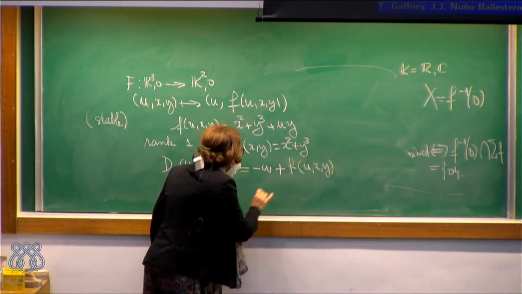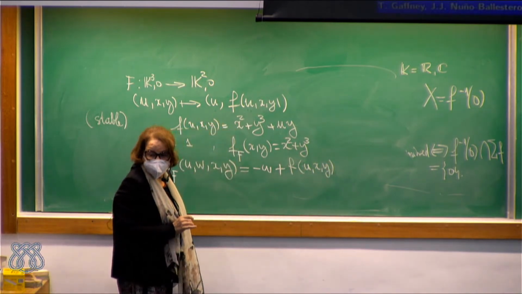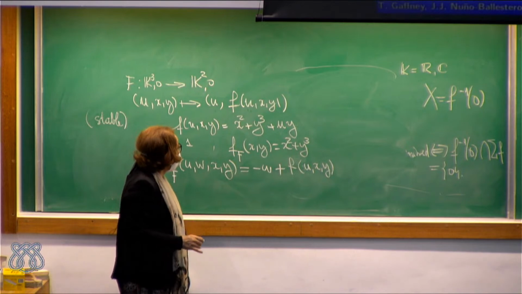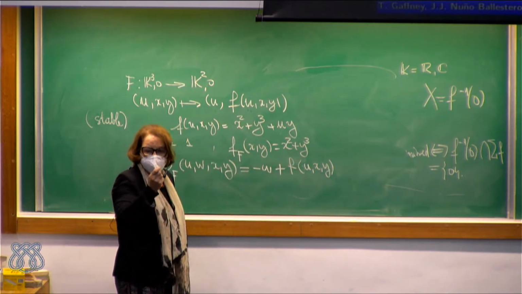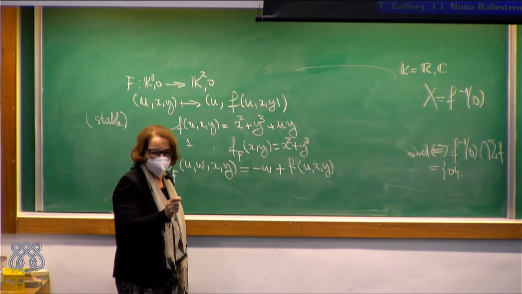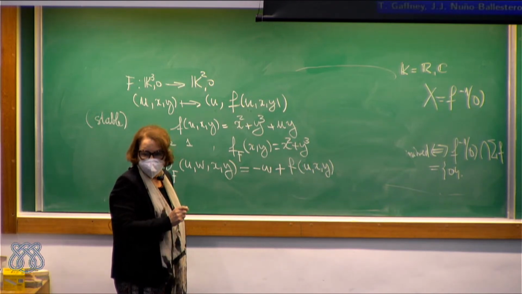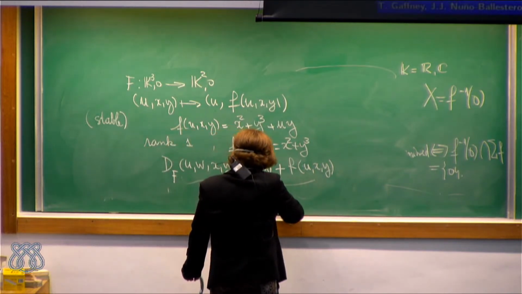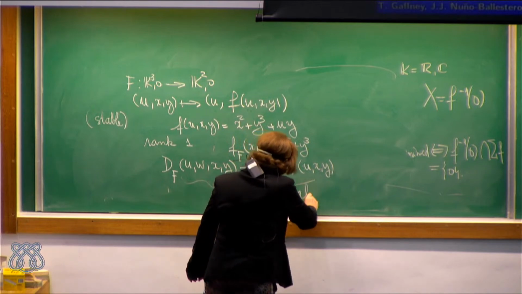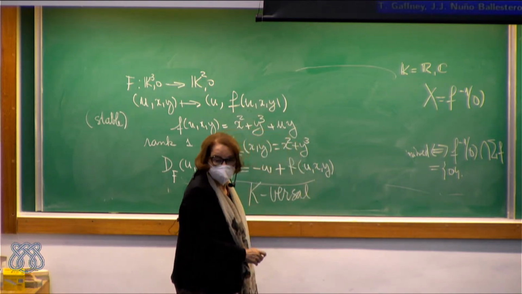If I take this graph deformation, if you look at this, you see that it is exactly the deformation we saw before. It's K-versal. Can you see what I write here at the bottom?